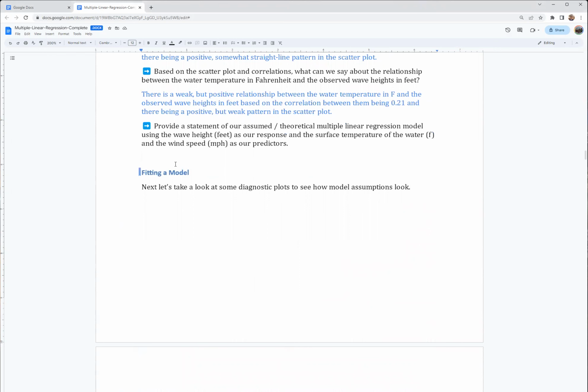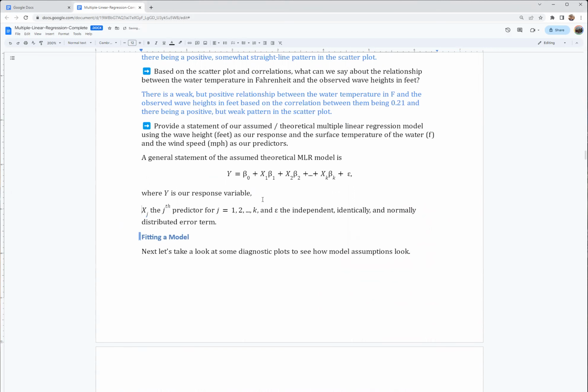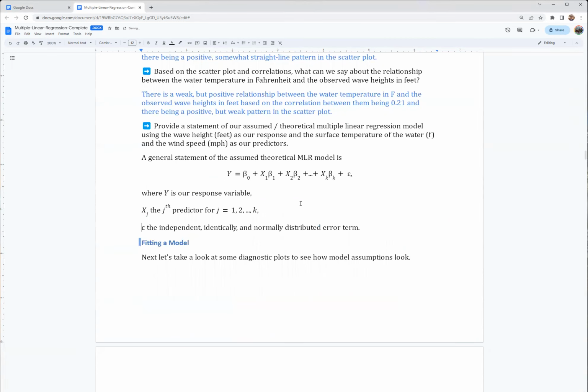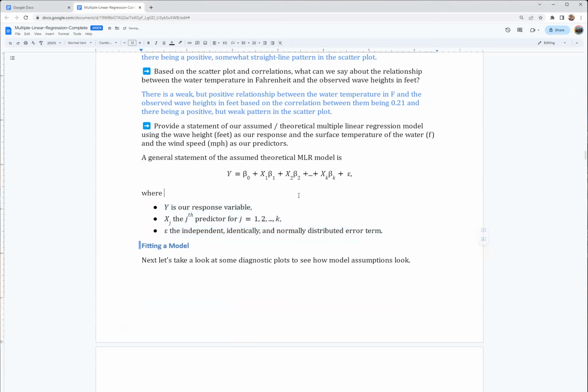When we do this, all we want to do is update what y and each x is representing. We'll keep this part exactly the same for any problem, for any scenario, and then we just define what y and each of the x's are in that context.